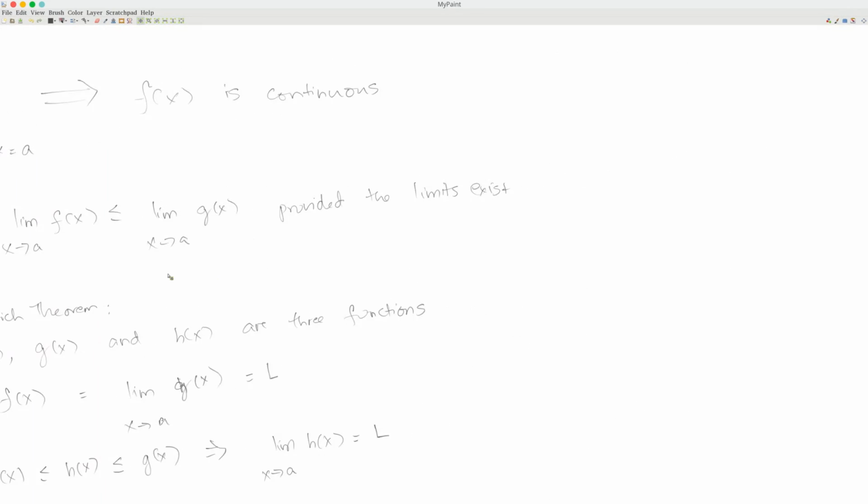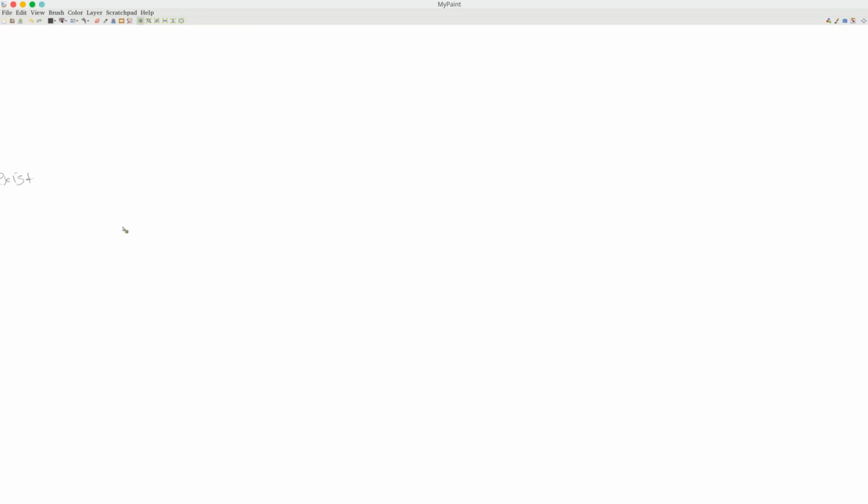To illustrate the sandwich theorem, let's take three functions. That's my first function, and the second function is that, and the third function, the dotted line, is right in the middle, something like that.